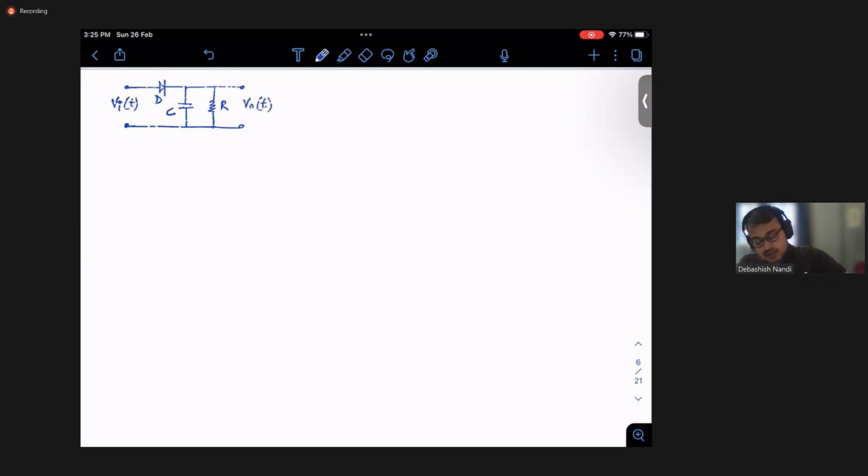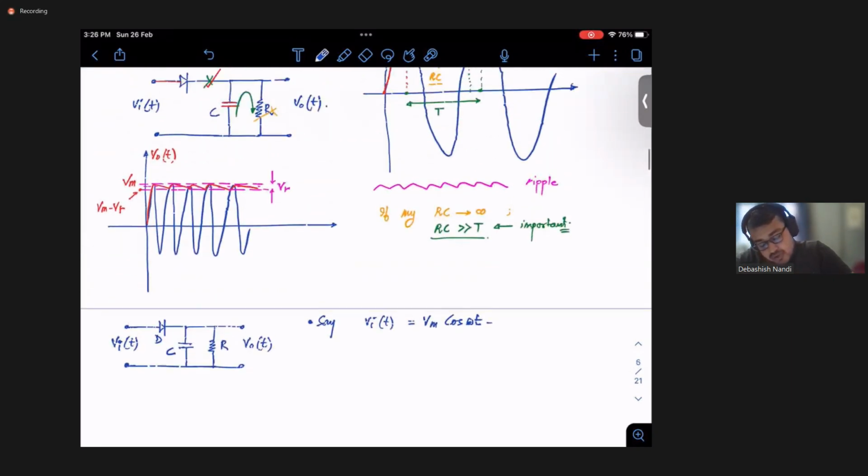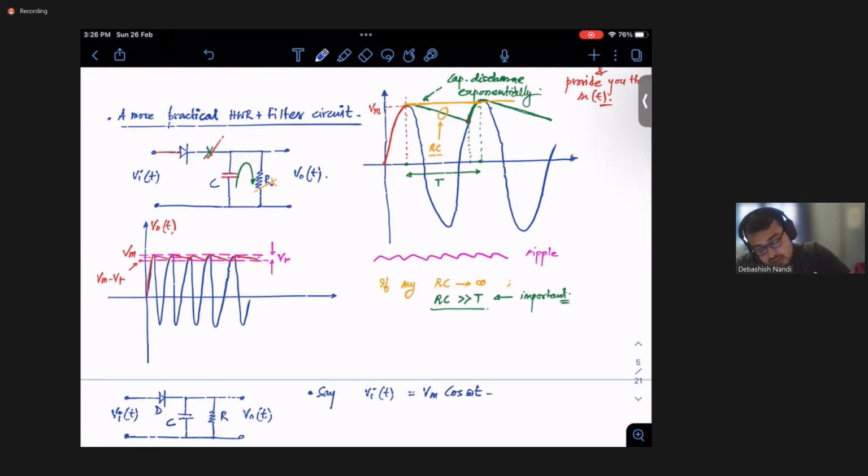Okay, say Vi is Vm cos omega t, let's say. So how about your ripple voltage, right? This voltage.